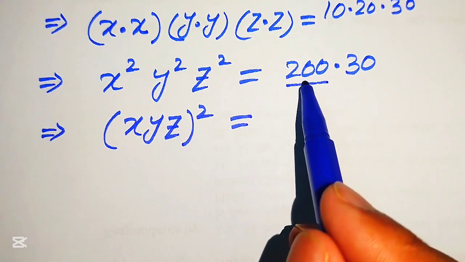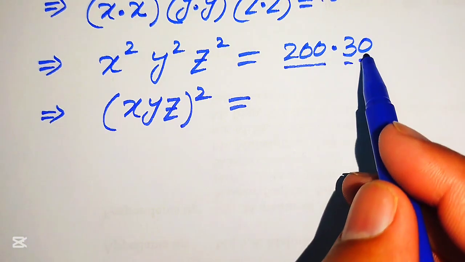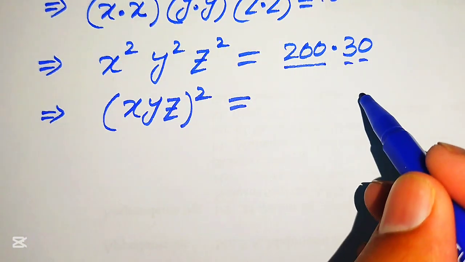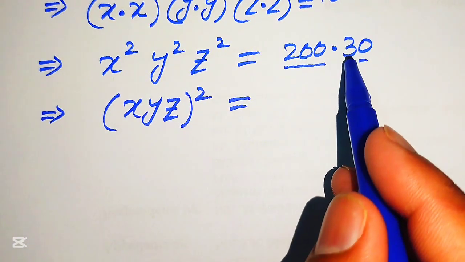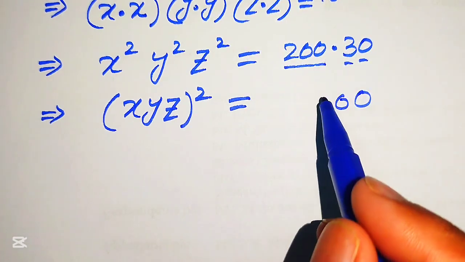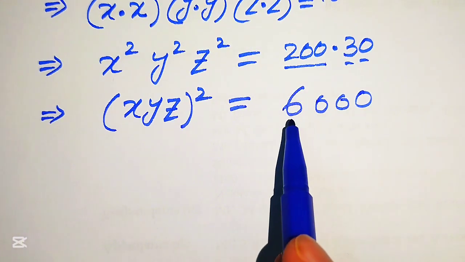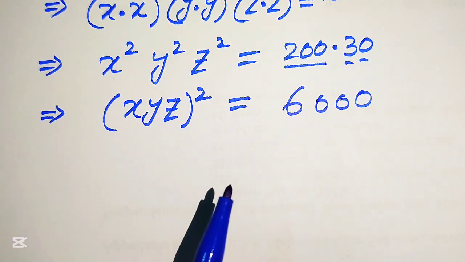We consider this a one digit number and this a two digit number. When you multiply this 0 with the complete number, we get 0. When you multiply this 3 with these numbers, 3 zeros are 0, 3 zeros are 0 and 3 fours are 12. So we obtain 12,000.